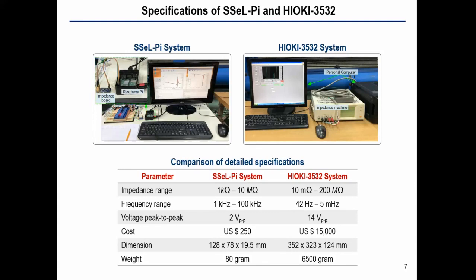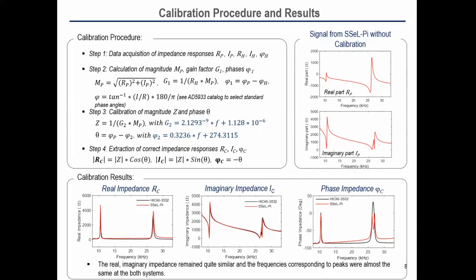As you can see here, the Raspberry Pi is cheaper and lighter than the Hioki, and our system has some advantages, like being able to connect to other external devices, working with many communication protocols such as I2C, API, etc., and finally, it can support wireless communication to other IoT devices.